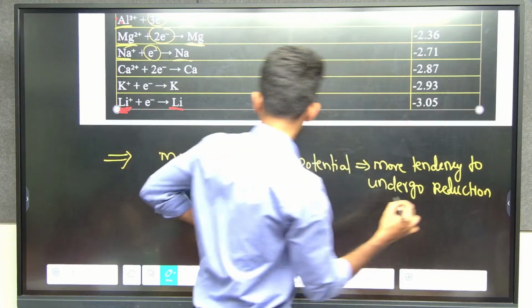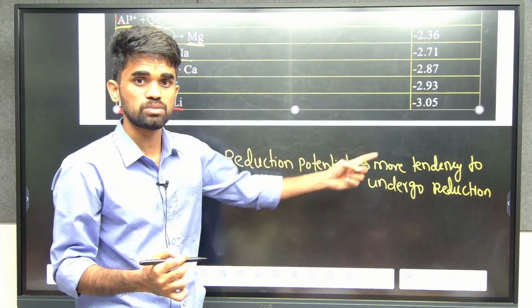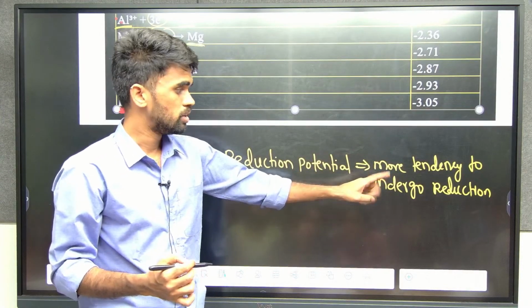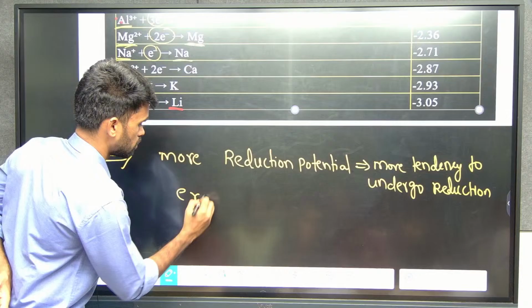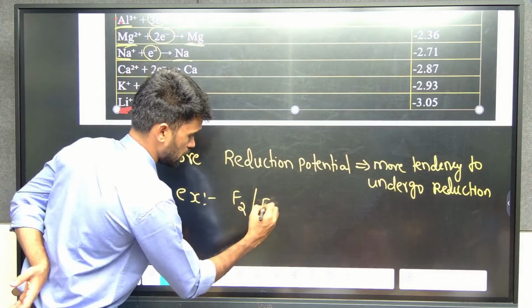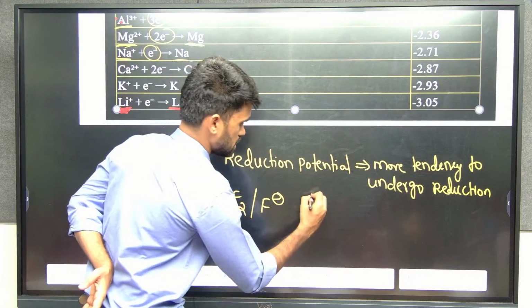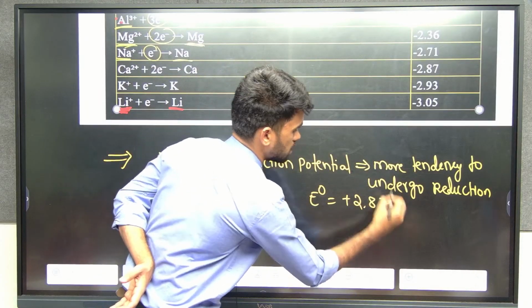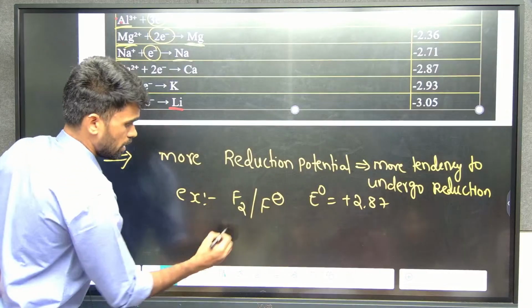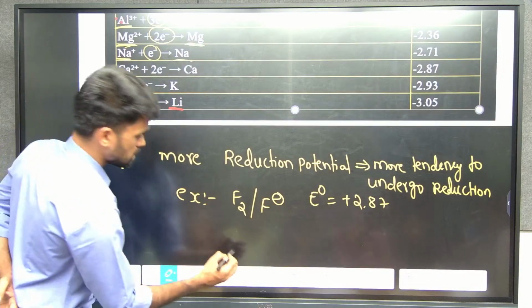What I am saying is, more reduction potential value, it has more tendency to undergo reduction. So for example, fluorine F2 converting into F minus. Its E0 potential is how much? Plus 2.87.